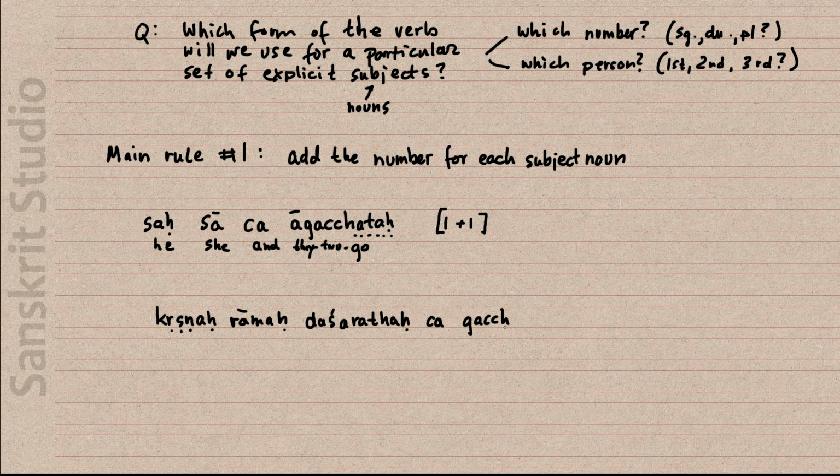So they are going, right? We have Krishna is one, Rama is another, and Dasharatha is a third. So we have three that we are adding together. So that must be plural. We must have plural endings: gachanti. So that's 1 plus 1 plus 1 is plural.